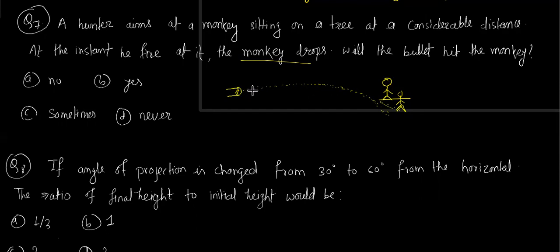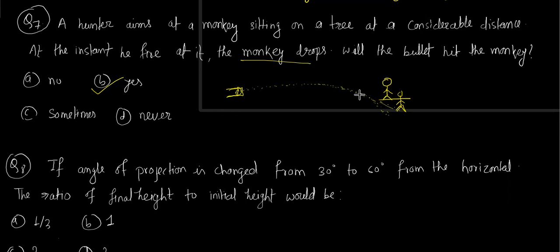For this question the correct option is B, because the bullet can hit the monkey as the monkey is moving downward, and the path of the bullet is parabolic in nature.